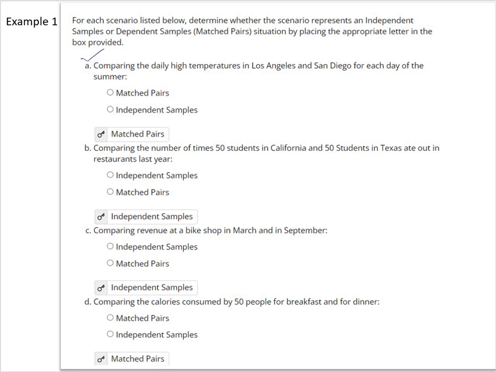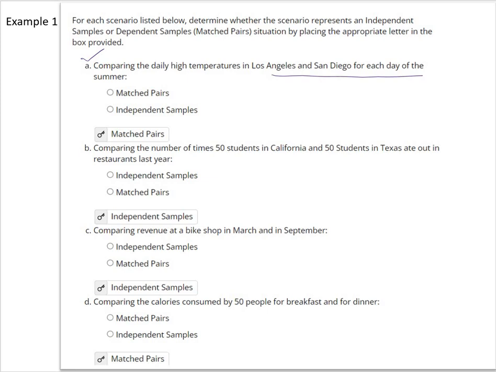Los Angeles and San Diego are two different places in the United States, and almost all the states have a similar scenario in the summer season.